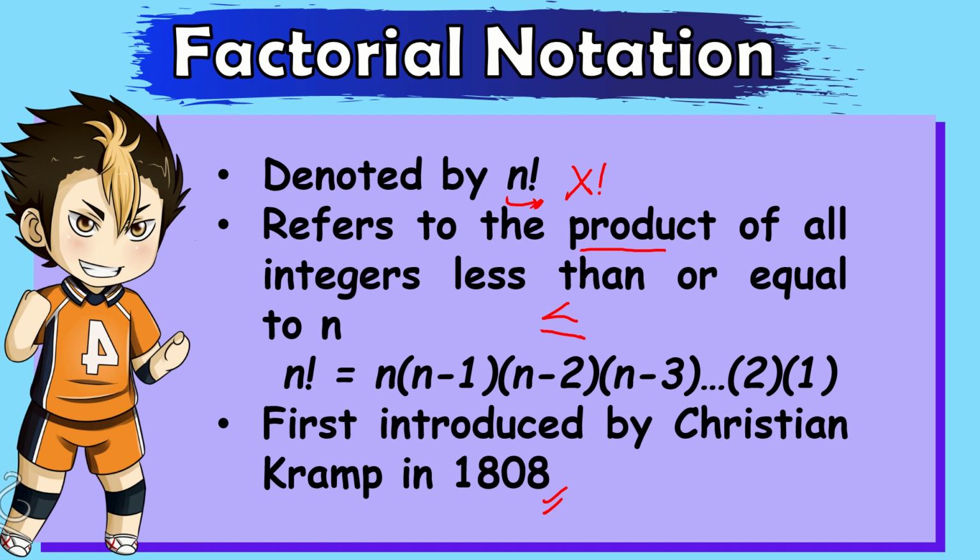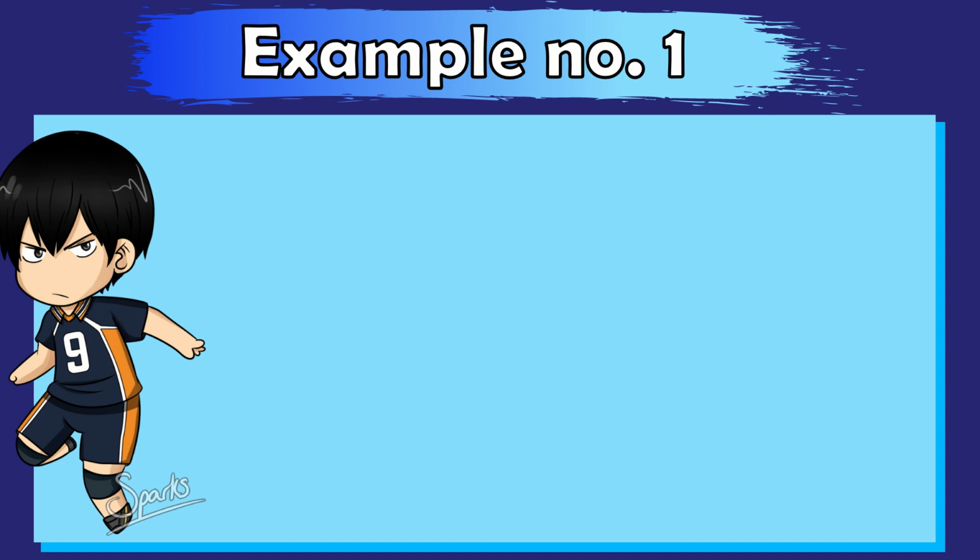Now, let's have examples para mas madali pong maintindihan. So, for example, number 1, nakalagay lang, solve 7 factorial. So, what is the value of 7 factorial? Diba, sabi kanina, it refers to the product of all integers less than or equal to n. In our case, dito sa example number 1, ang n is 7.